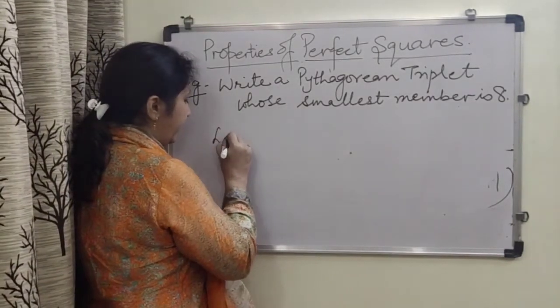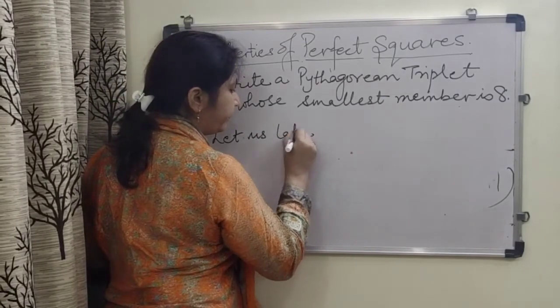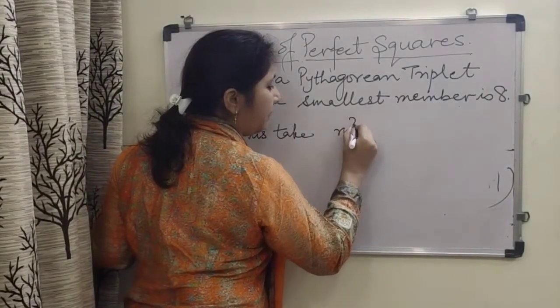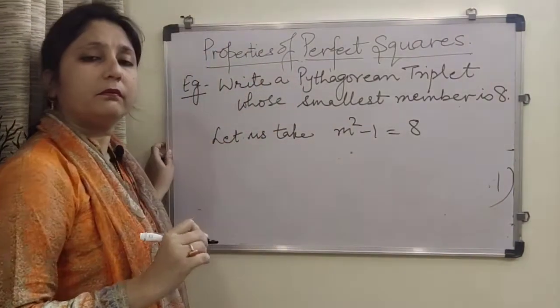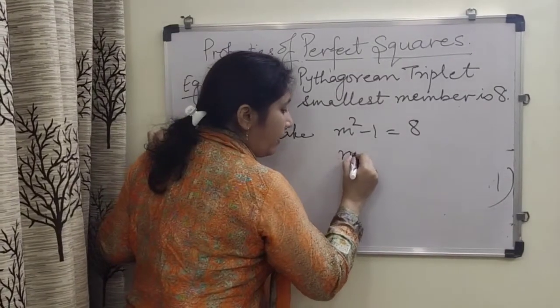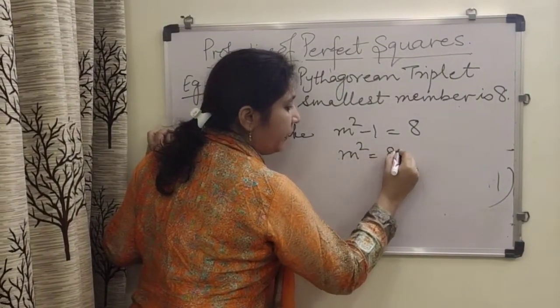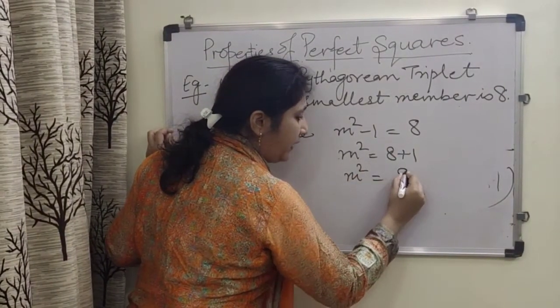Let us take m square minus 1 is equals to 8. I have taken. So m square is equals to 8 plus 1. M square is equals to 9.